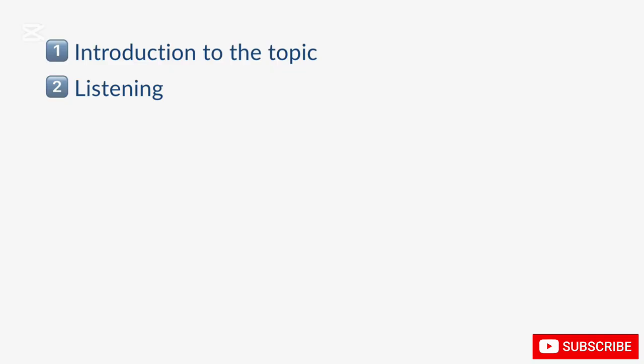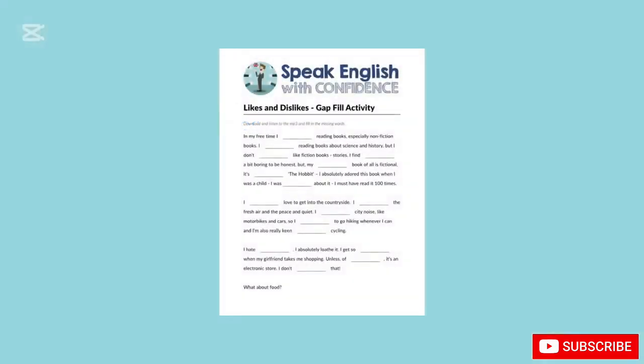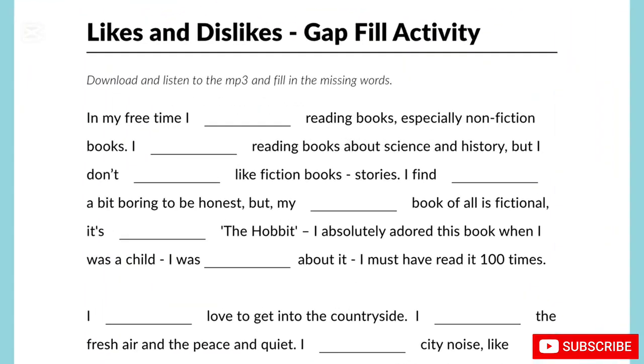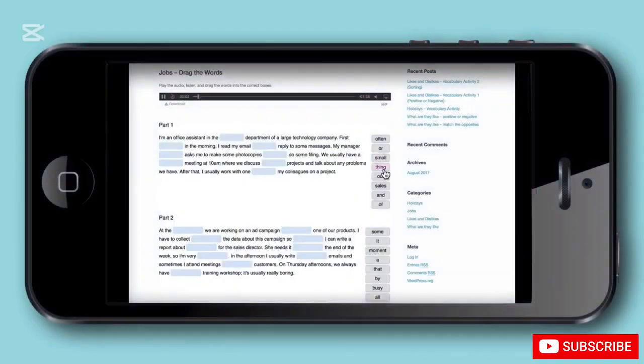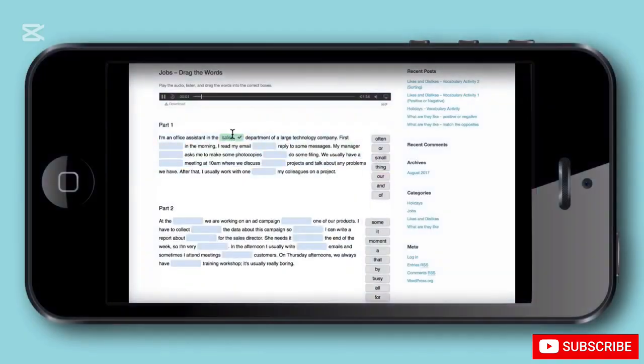There will be 1 or 2 questions to answer. After that, there's a listening activity. Listen to the talk again and do an activity. It's usually a gap fill. You can either download a worksheet for this activity and print it out, or you can do the online activity on your phone, tablet, or computer.